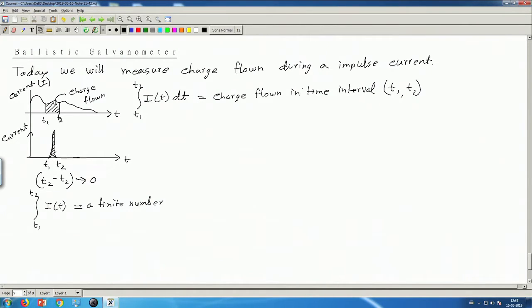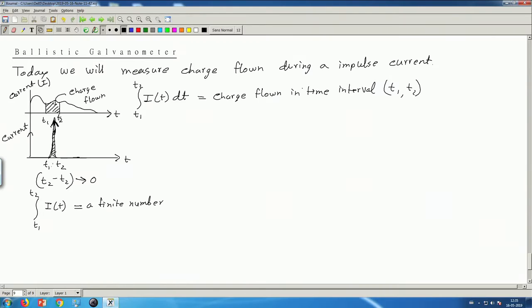Although the current exists for a very short duration, a finite, non-zero amount of charge is transferred within this time, which also means that the height of this should be very high. I mean, the amplitude of this current should tend to infinity. That is what an impulse current is. The current is of very high value, almost infinity theoretically, but it exists for a very short duration.